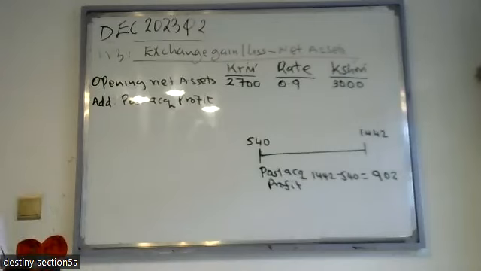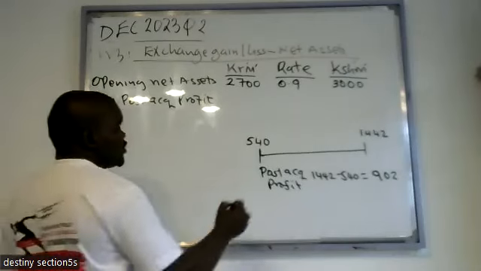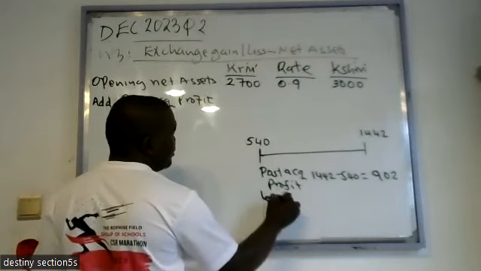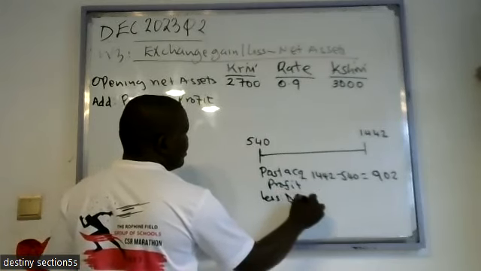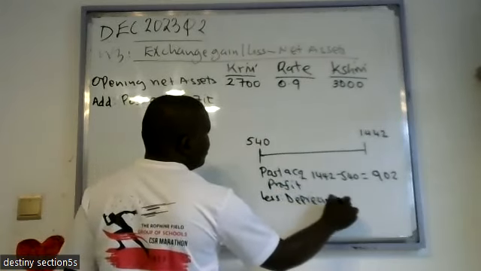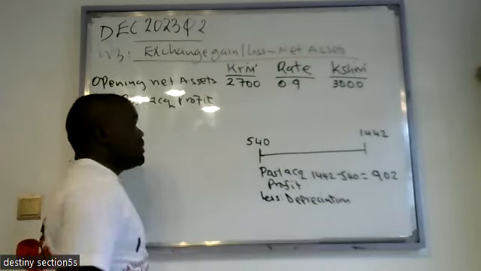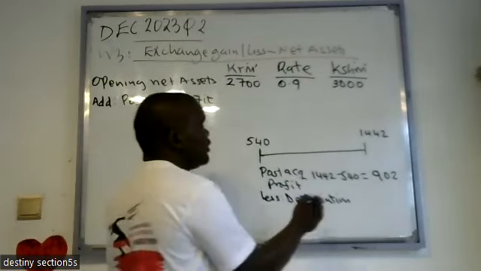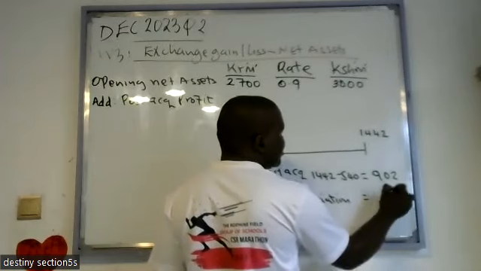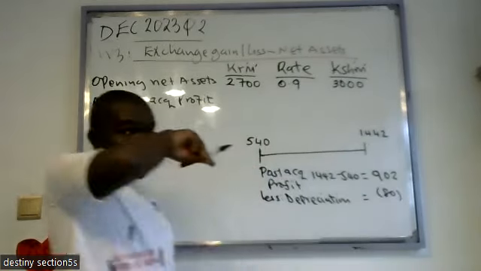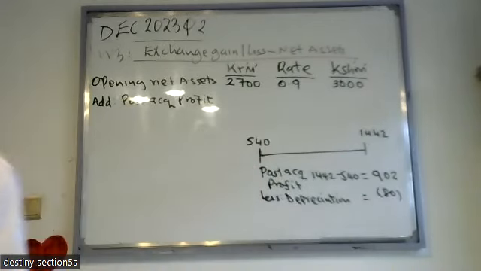But there was depreciation within, so less depreciation. Remember this is still in crowns. Depreciation was 80 in crowns, if I'm not wrong. Just check.